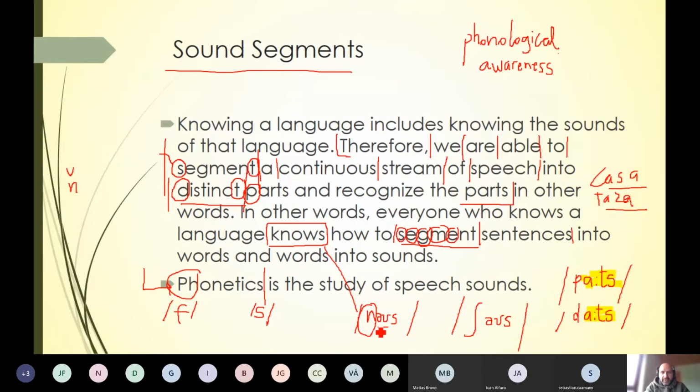Like in the word nose, replace the first sound or initial sound for sh, as in shows. Okay, so that is sound segmentation, this ability to play around or identify sounds in a word and words in a sentence. Okay.